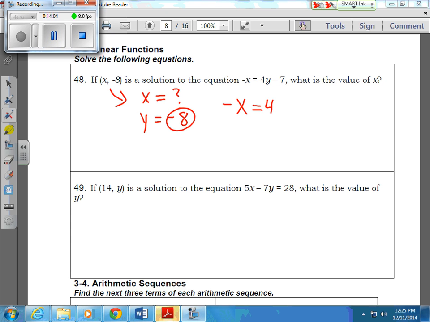So 4 times -8 minus 7. And let's simplify the right side. -x is equal to -32 minus 7. Which would be -x is equal to -39. So that means positive x is a positive 39.